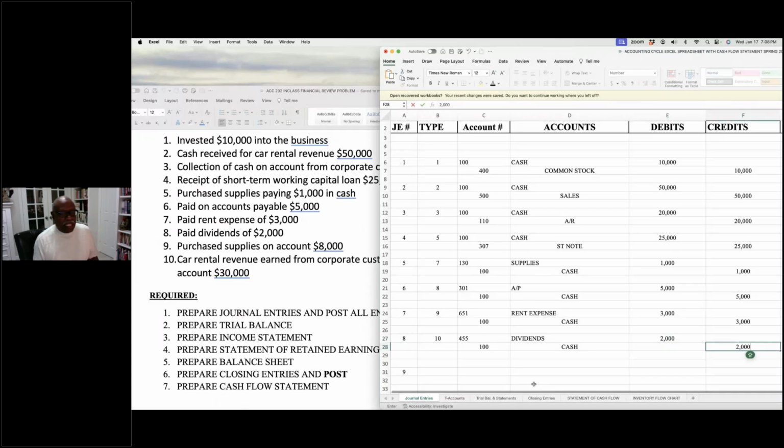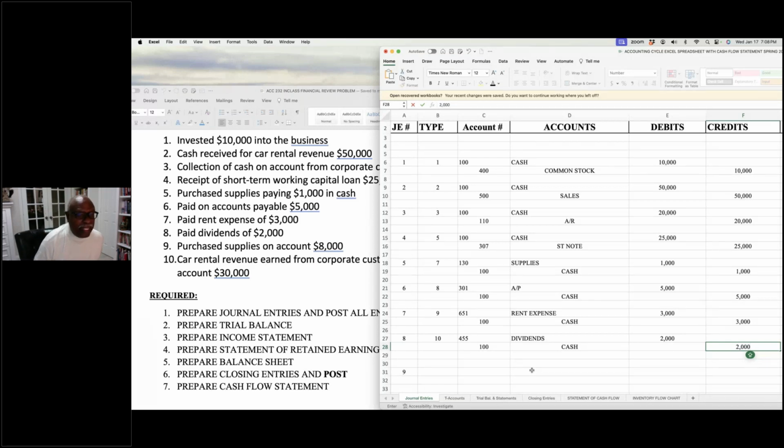Okay, we got 2 more transactions, but cash is not involved. So you can't use 1 through 11. You've got to use something else. So the first one, we purchase supplies on account.